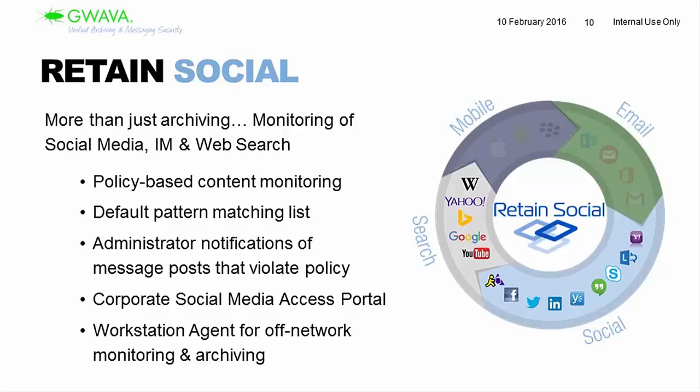Also, Retain Social works off the network, if you want to be able to monitor and archive people who are off your network, and the way that works is with an agent. It's an agent that can go on a Windows or a Mac OS machine, and that agent will then monitor and will act as that same compliance proxy, but it's on that machine itself, and will monitor and filter, and then it pushes that to the archive.